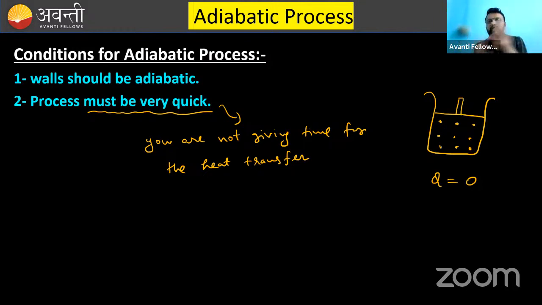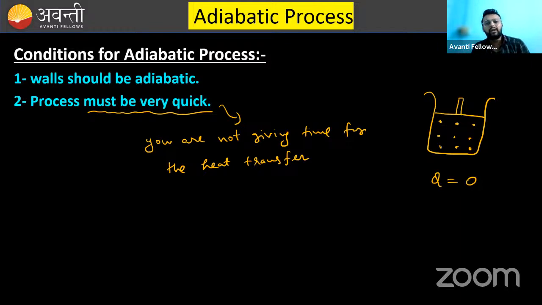The process is very quick, and such kinds of processes can be named adiabatic processes. Like the wheel of your car, which has some air in it, and you just take the air out of the tyre. When you put a pin in it, the air comes out of it very rapidly.